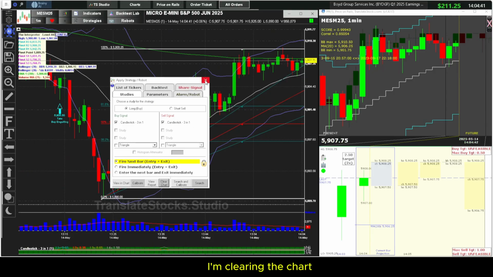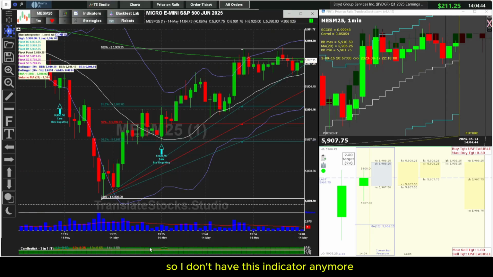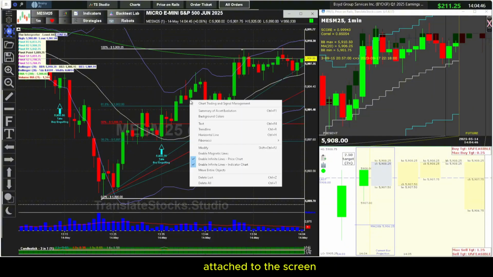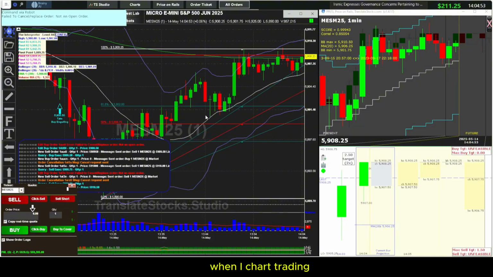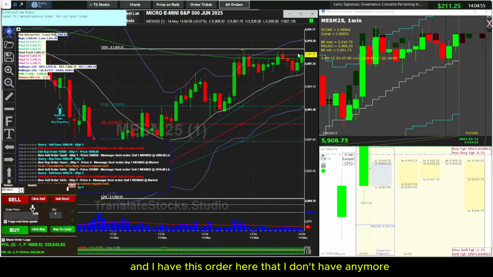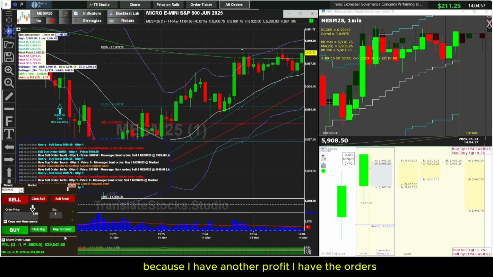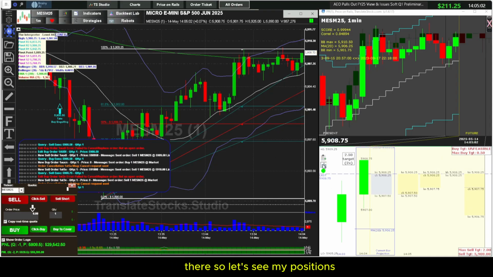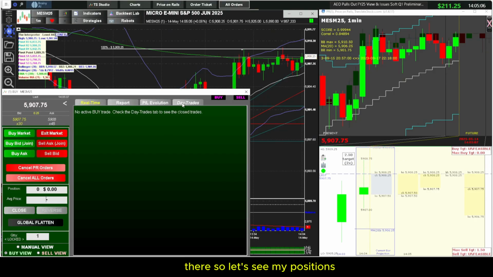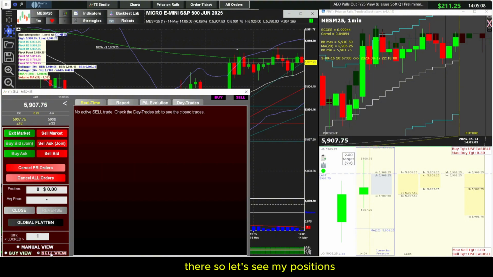Okay, I'm clearing the chart, so I don't have this indicator attached to the screen anymore. Now I can right-click with the mouse and choose chart trading. When I use chart trading, I have the orders there. So let's see my positions.